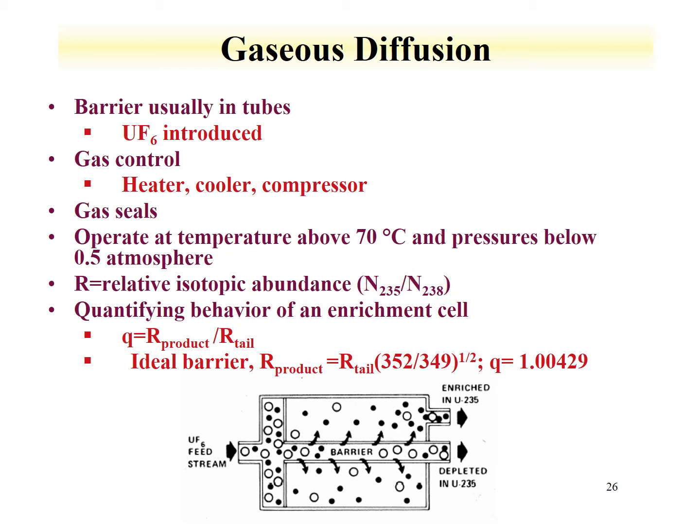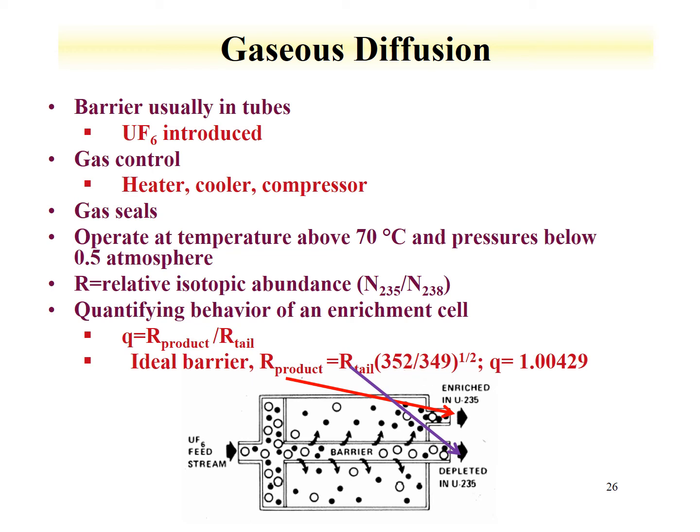238 atoms. From an ideal barrier, we would have something where the product and the tail, so this would be the tail, what makes it through the diffusion barrier, and the product, what comes on the other side. The R of the product would be equal to the R of the tail times 352 divided by 349.